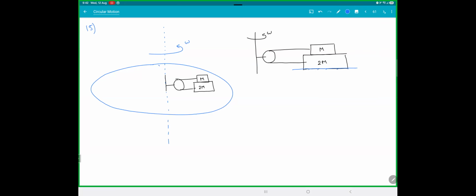All surfaces are rough. So here the friction is mu, here the friction is mu. Find omega when the blocks are about to slip.